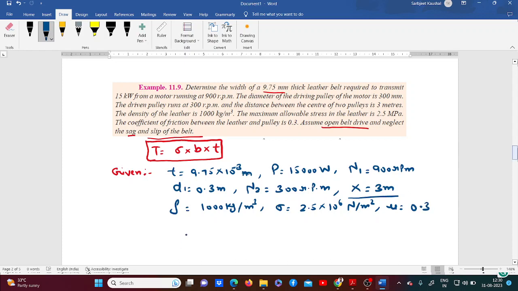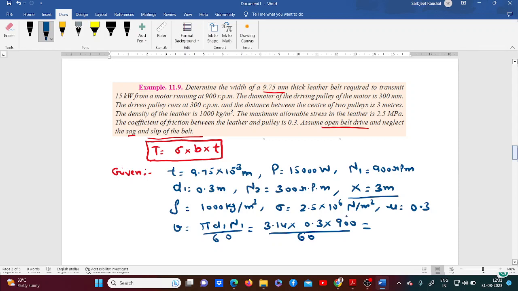Now firstly we will calculate here the velocity of the belt drive. The velocity we can calculate with the help of formula pi d1 n1 by 60. So all the things are given to us. d1 is 0.3, n1 is 900 rpm, and this is 60.